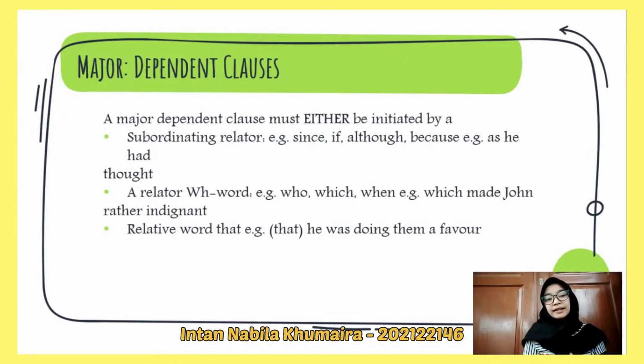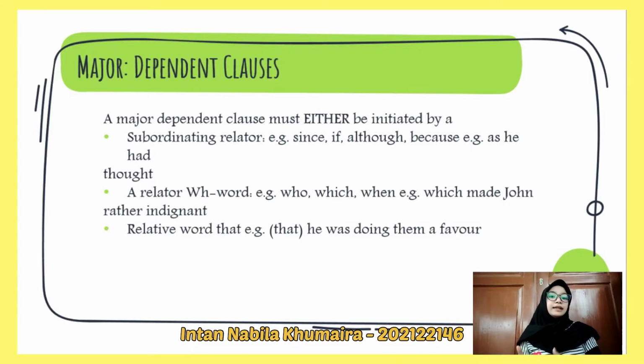Major dependent clauses. A major dependent clause must either be initiated by first, a subordinating relator, for example, since, if, although, because, as in as he had thought. Second, a relator WH word, for example, who, which, when, as in which made John rather indignant.